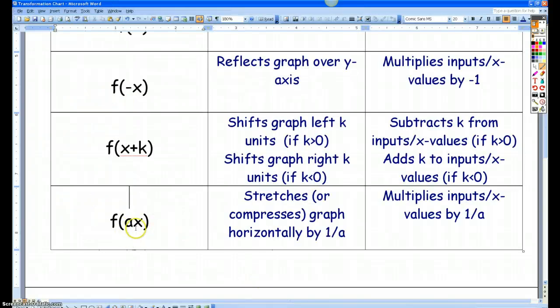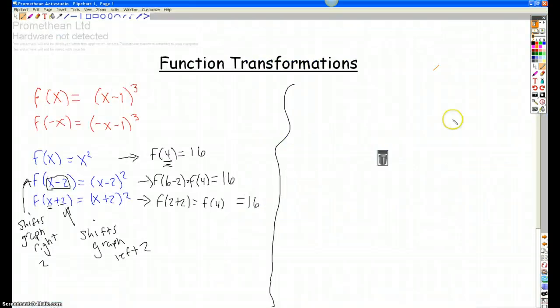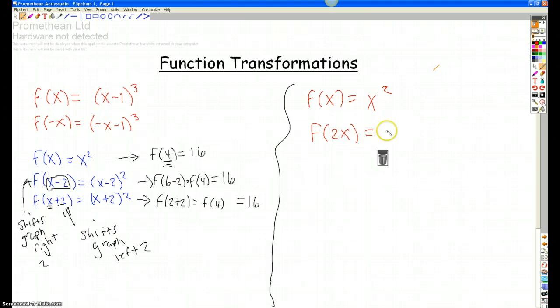I have f of ax. So we'll continue with f of x, but let's do, so I'll just write it down. f of x is x squared. f of 2x is going to be 2x squared, which you could also write as 4x squared, right?